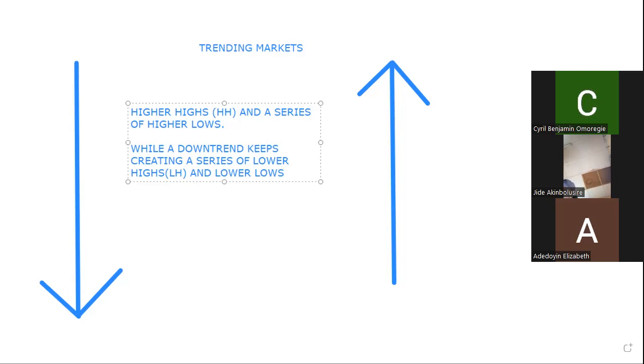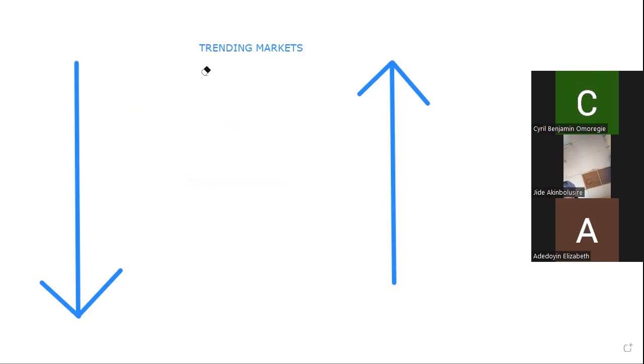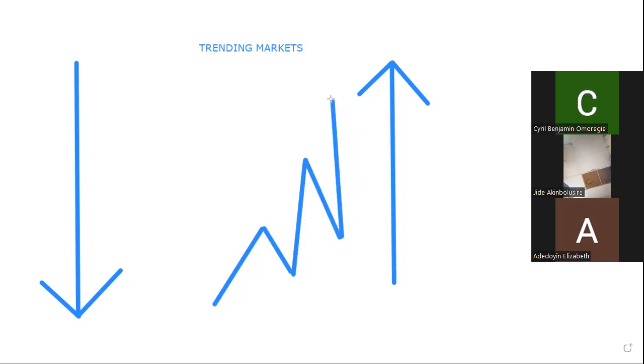Note: the market would always move in a wave-like manner during a trending market. Full stop.